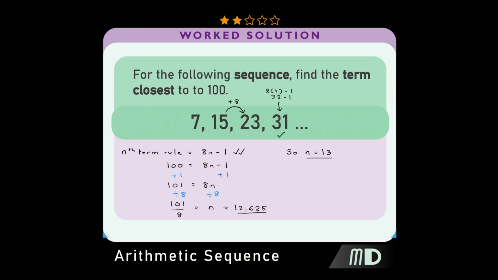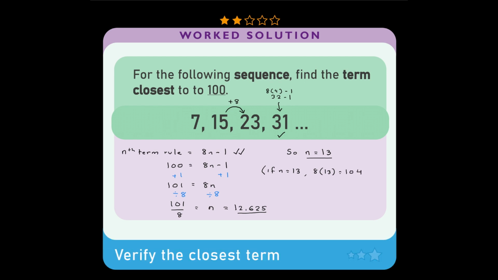Let's check that that makes sense. If n is equal to 13 and substituted into the nth term expression, 8 multiplied by 13 is 104, and subtracting 1 gives us 103.